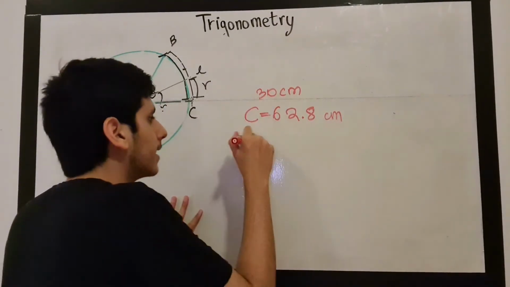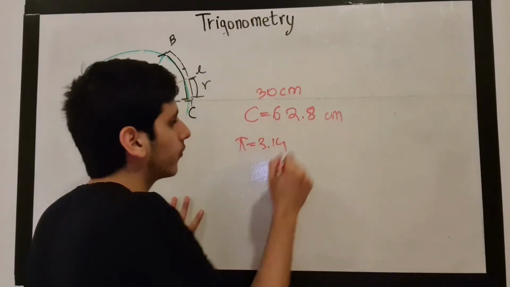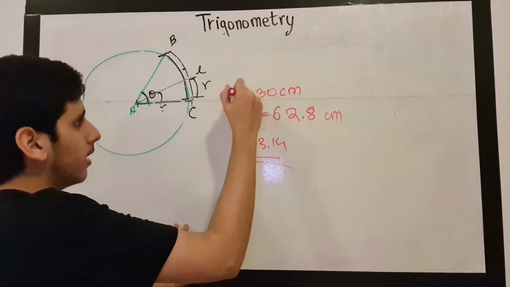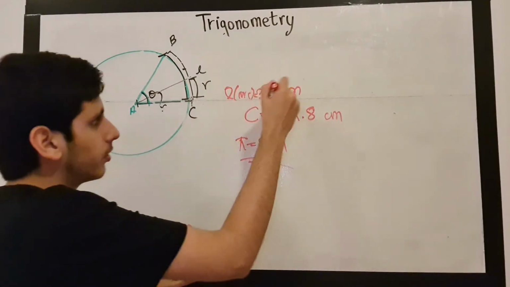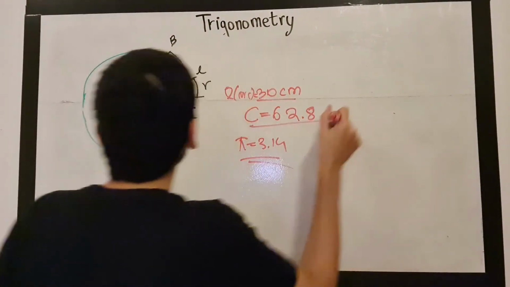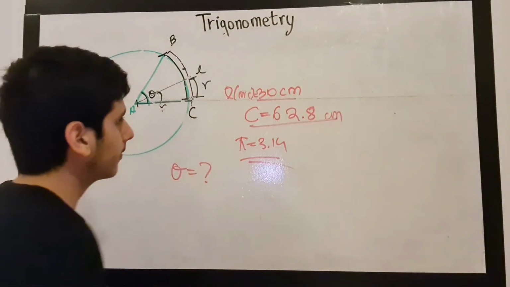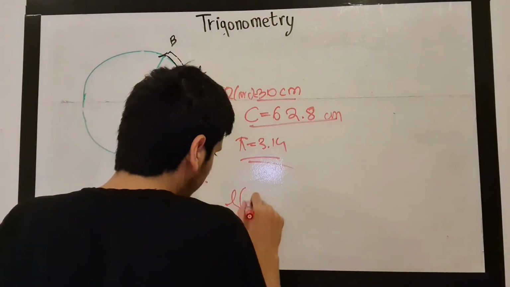And let's take pi as 3.14 in this question. So we have been given the arc length L, 30 centimeters, circumference 62.8 centimeters, and we have to find the central angle theta.